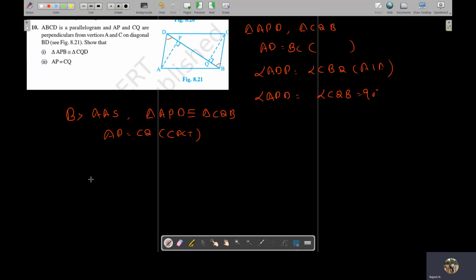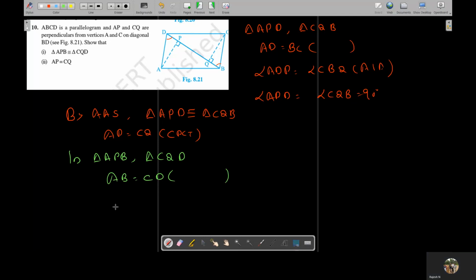Now, in triangle APB and CQD, you can say AB is equal to CD. Reason is opposite sides of a parallelogram.